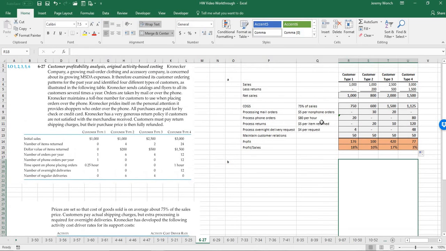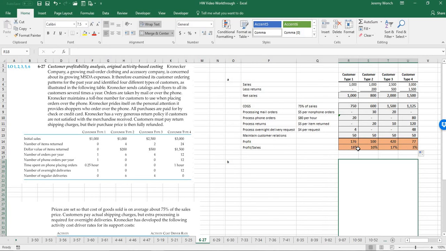So if we look at all the different customers, customer 4 has by far the most sales, but they have the lowest profit. Customers 1 and 2 have the lowest amount of sales, but customer 1 has the most profit. Actually, no, I guess customer 3 has the most profit.